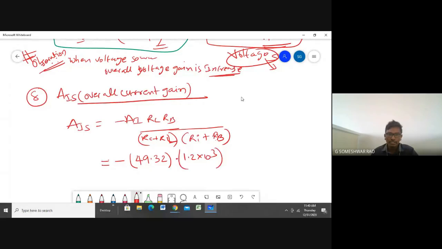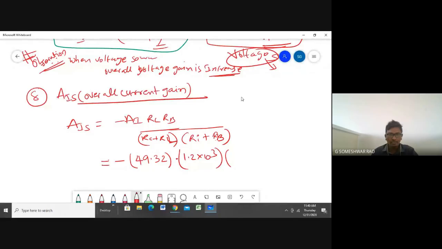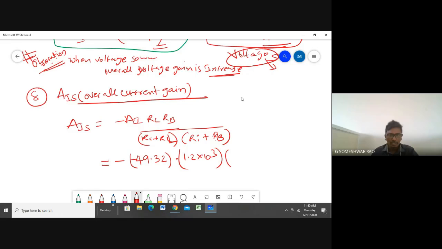We have also calculated the RB value. Can anybody say what the RB value is? AI is minus 49.32 only, but in AIS it already has the minus. Yes, I understood. Can you tell me the RB value?